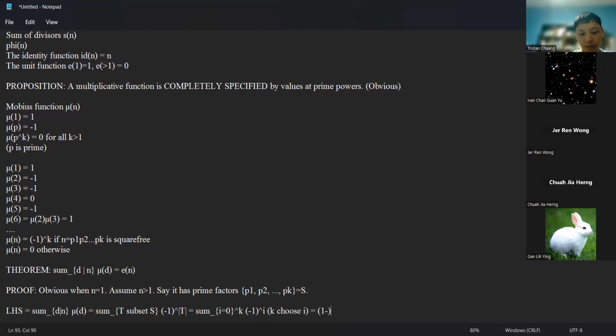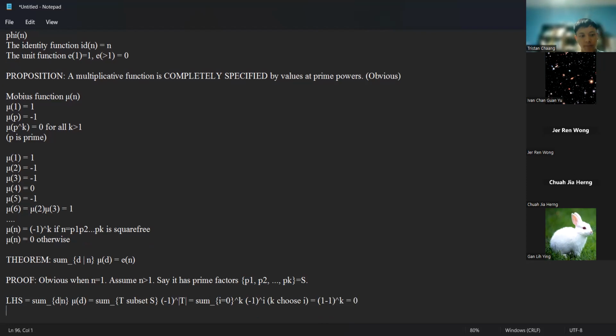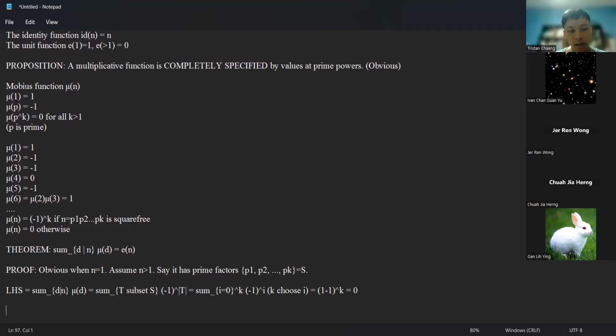You can write this as (1 - 1)^k, which is 0.